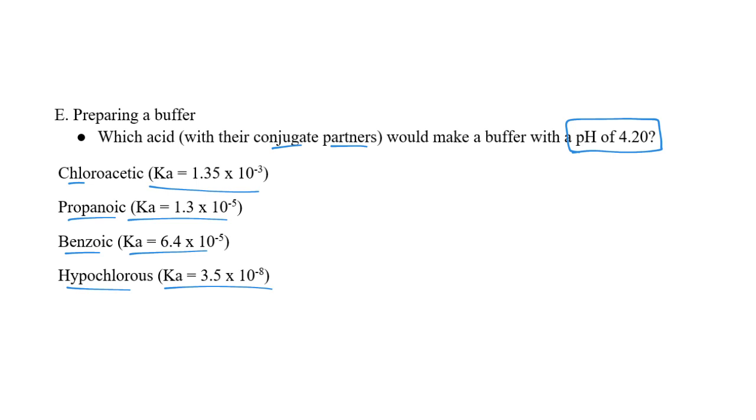So here's what we need to know about buffers. An ideal buffer would have the same concentration of acid and base. The reason is that if you have the same concentration of both, then it has the same ability to neutralize both acids or bases if you put them in the solution.